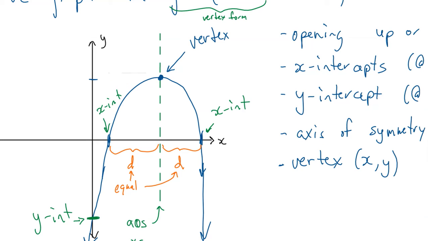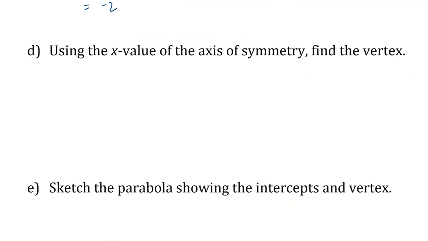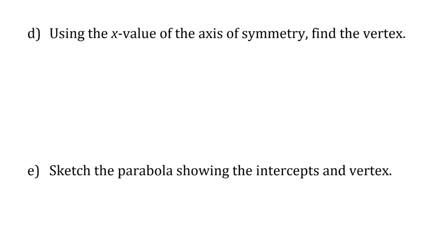Well, if I have an x value, that's the whole point of an equation. I can use an x value to find the y value for that function, for that relation. So I'm going to do at x equals negative 2, which is the x value of the axis of symmetry and the x value of the vertex. I'm going to sub that in, and you could sub it into whatever version you want.